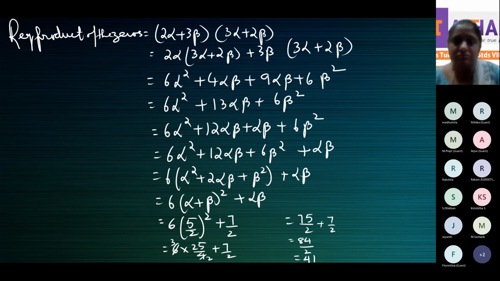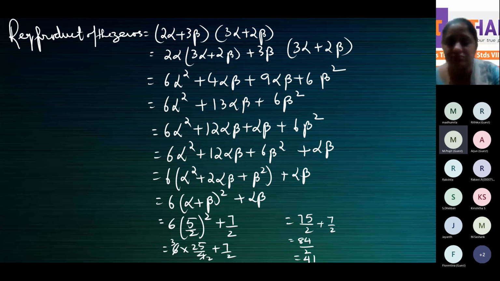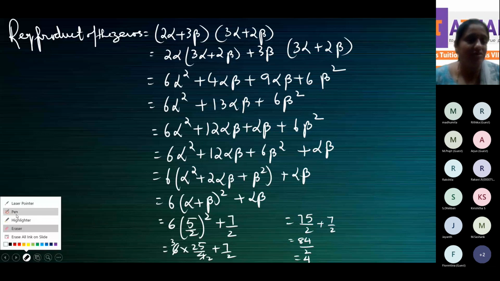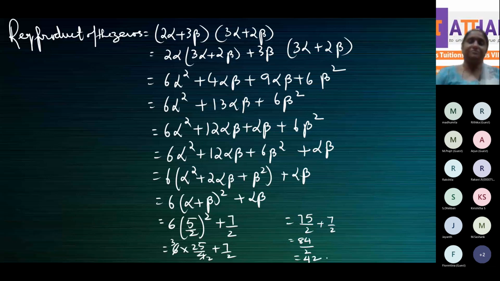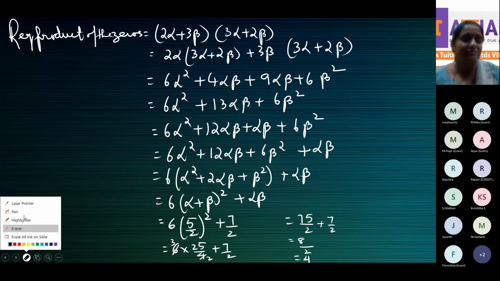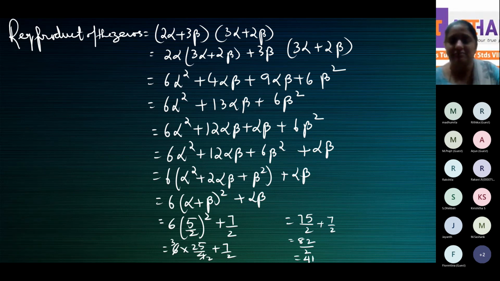Was it 42? Oh yeah, it is 42, children, 42. No, oh my God, my addition is wrong. 75 plus 7 is 82, right? 82 by 2 is 41.